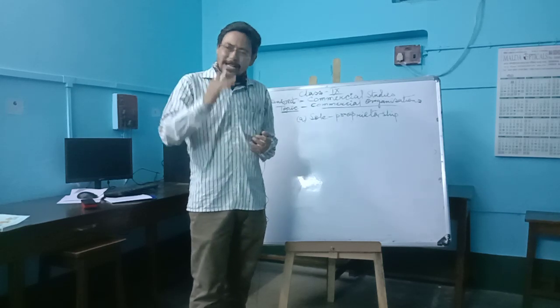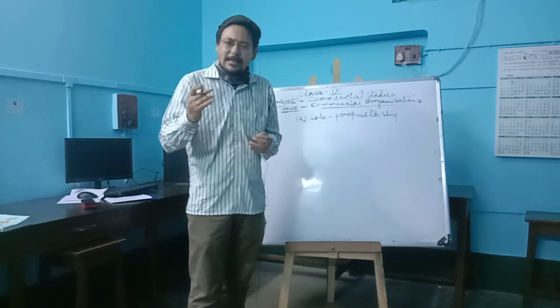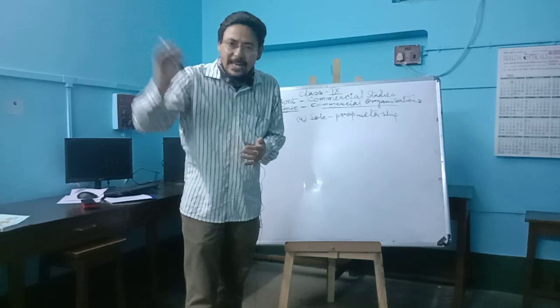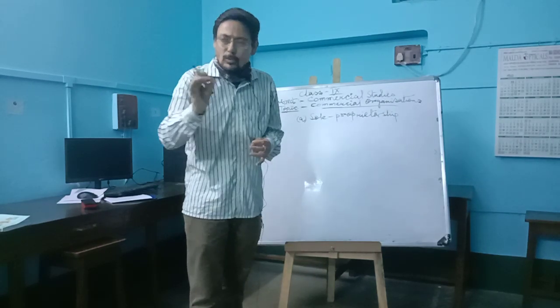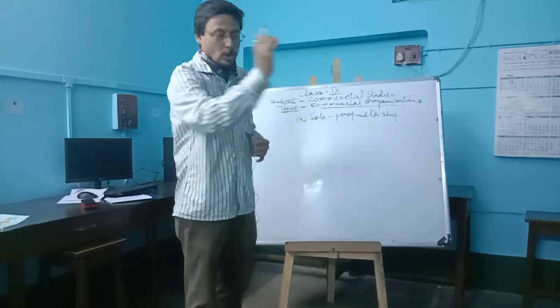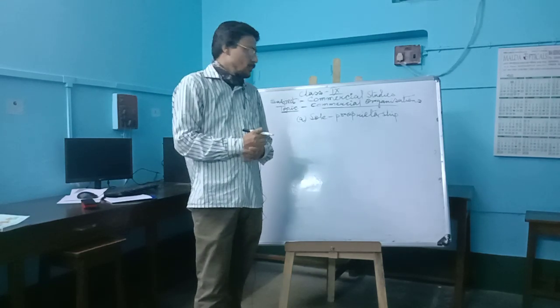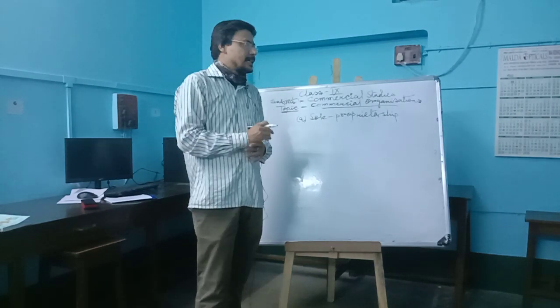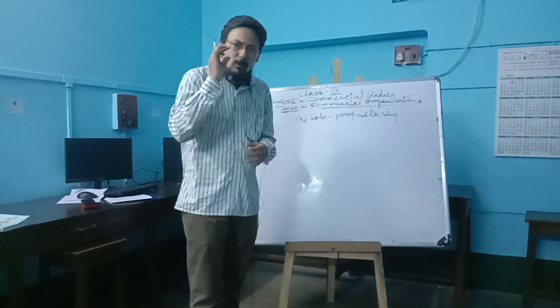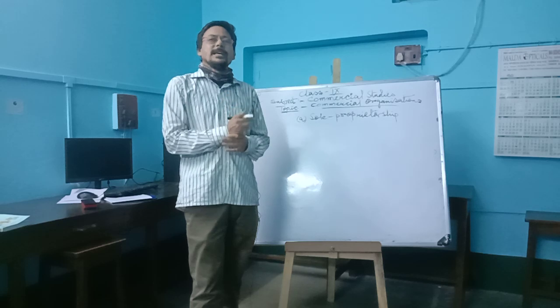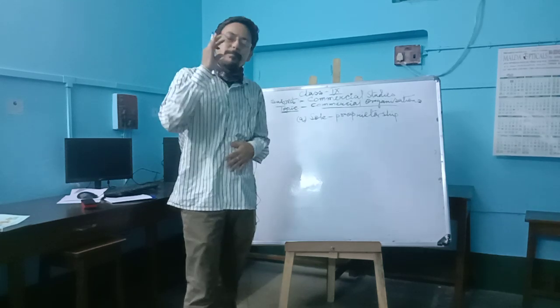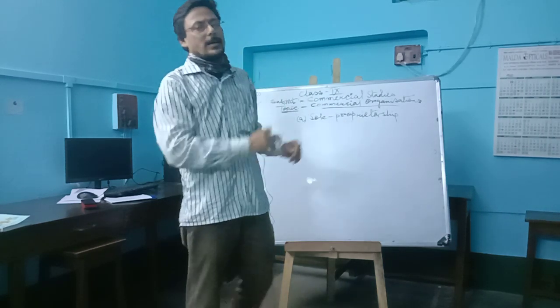Whatever work is done by others, he must pay the amount to that person or those people. So sole proprietorship business is called one man control business. There is a quotation: one man control is the best control in the world. Why?